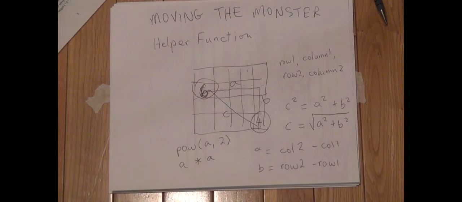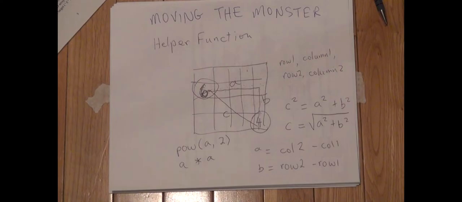And again, how much is a? Well, a looks like we're going along to determine how far to the right it is, so we would do that with something like column 2 minus column 1. And that could be a. And b maybe is row 2 minus row 1. And then there's a matter of squaring things.